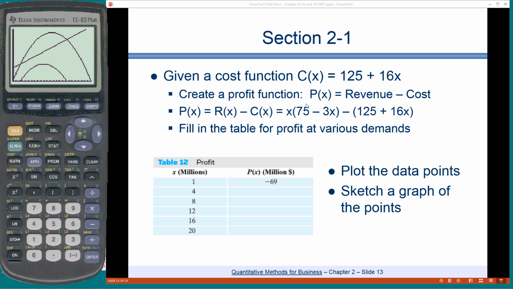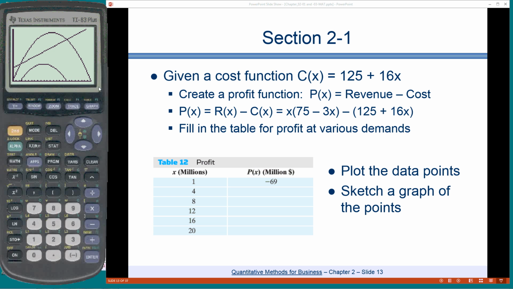The revenue equation has got an x squared in it. The profit equation also has an x squared in it. It's the same x squared. So revenue and profit are both parabolas, and the higher one is revenue. Profit's always less than revenue unless you're stealing from somebody.